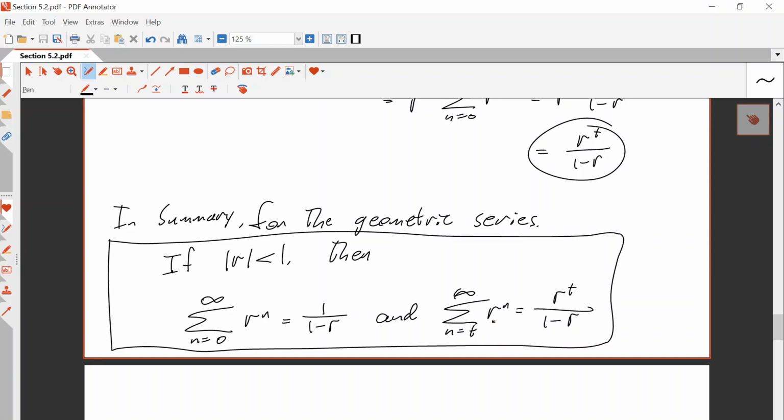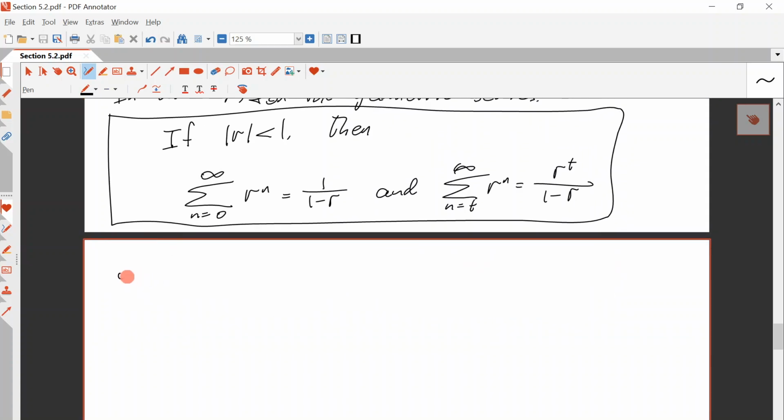So, for example, the sum from n equals 0 to infinity of 1/2 to the n. Well, 1/2 is less than 1, so that's 1 over 1 minus 1/2, which is 2.